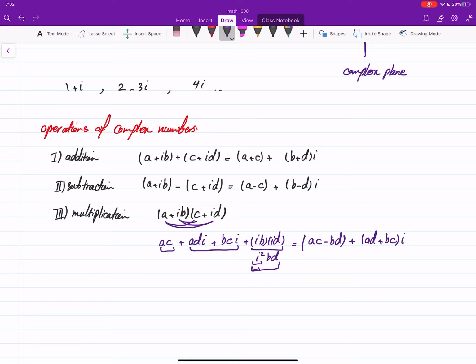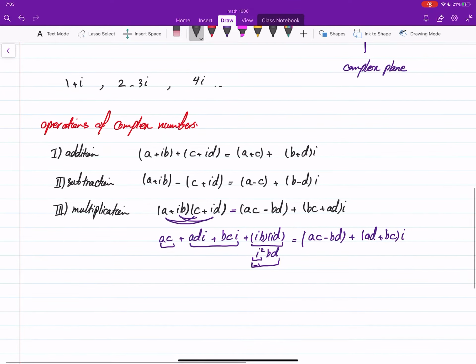Again, just expand it. So let me write it here as you can see, ac minus bd. Why minus? Because when you multiply i to i, you get i squared, and that will give you negative. And here would be (bc plus ad) times i. Just expansion, and that would do the job.